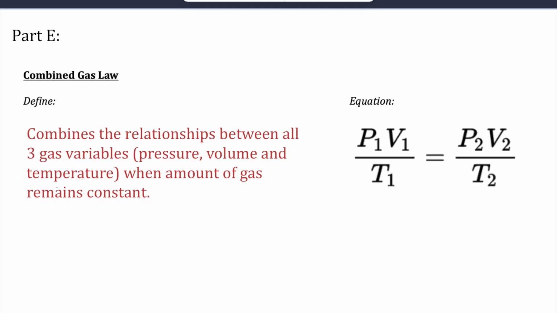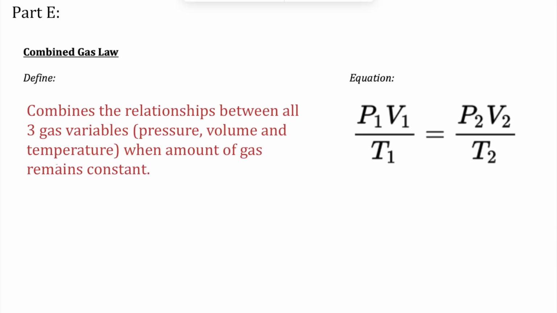It relates all of those variables. Because of having both direct and indirect relationships, and we might have pressure going up but temperature going down, we don't generally model these relationships because we have all three variables changing.